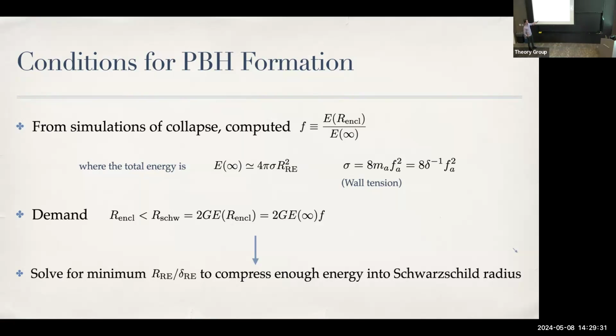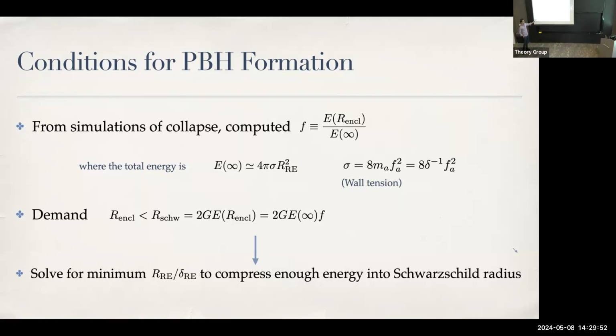So my Schwarzschild radius, 2GE, times the energy within this given R enclosed, we demand that R enclosed be less than this value, which we can write in terms of my initial wall energy, which we know, as well as the numeric factor F, the fraction of my total energy that I enclose within a given radius.